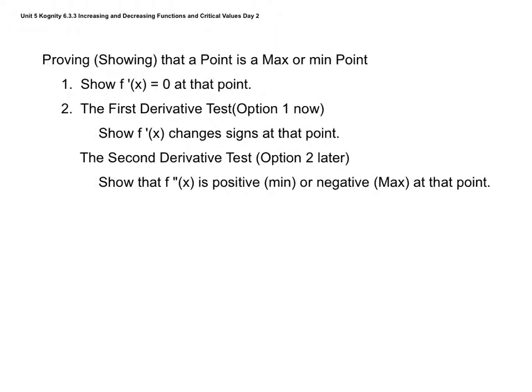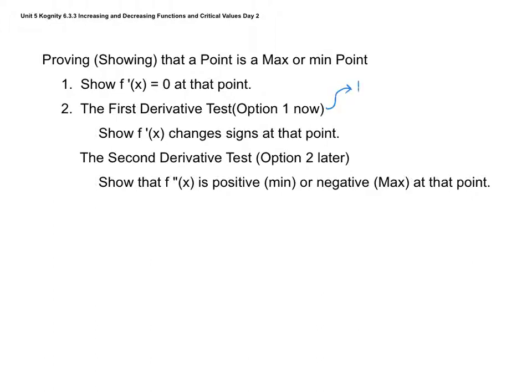Right? The next thing is the first derivative test. And in the basic sense, the first derivative test simply is describing how if the first derivative changes sign at that point, then we have either a max or a min. Okay? This is not a formal statement of the theorem or the test, but this will give you the idea.